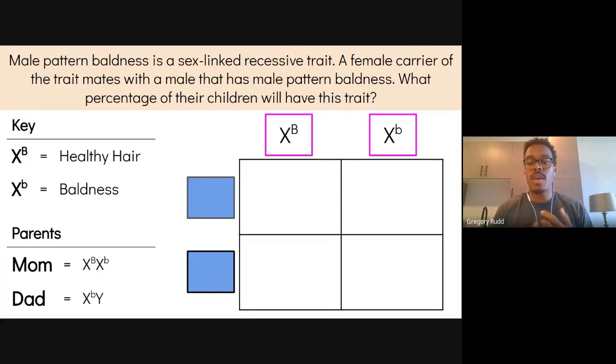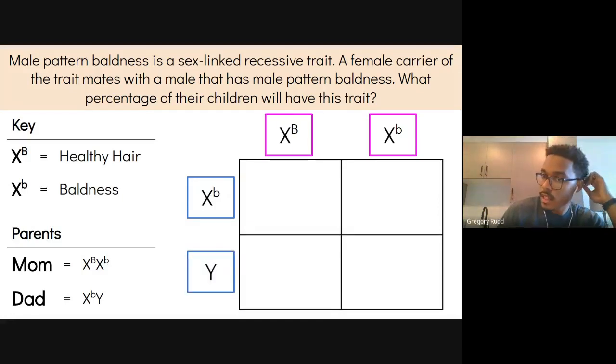Doesn't matter which side you write them on, as long as they go on the same side. I'm going to put dad's genotype on the left here. So he's got an X chromosome with a lowercase b, a recessive allele, and he's also got the Y chromosome because dad is a male. Now I'm going to actually do my cross.